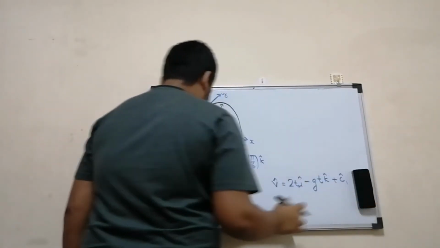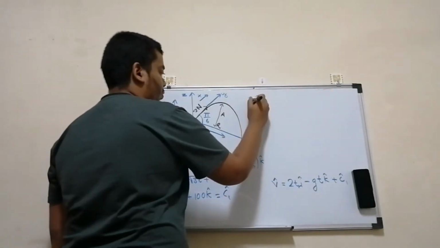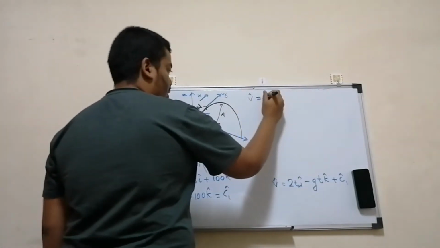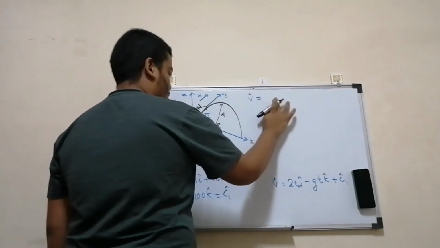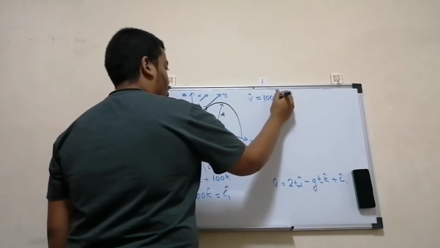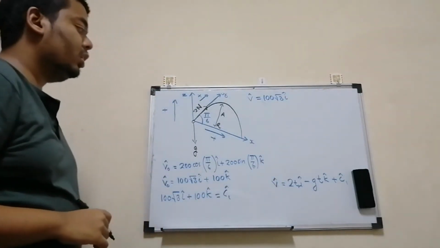Now let me remove everything else and start from here again. So the velocity vector is given by 100 square root 3i. Now let's check the j components.